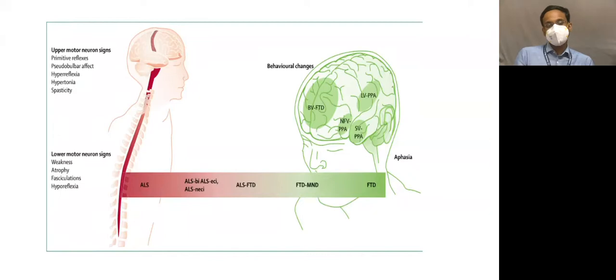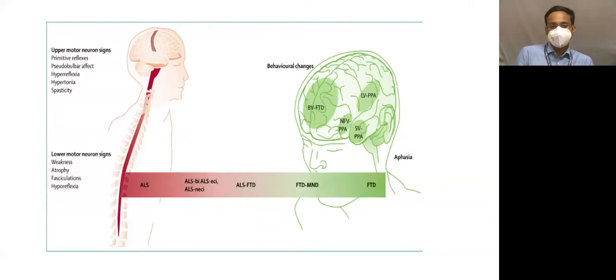Now, apart from the motor weakness that one defines with the syndrome, some patients can also have some cognitive impairment associated with it, and predominantly it affects the frontal lobes and occasionally the frontotemporal lobes.